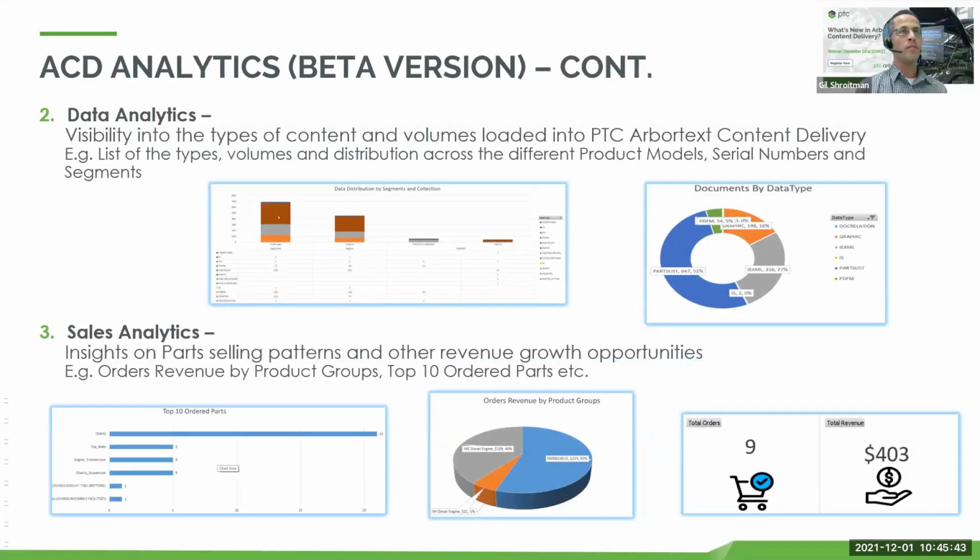So this will provide you with an important perspective on what types of content and volumes are being loaded into Arbortext Content Delivery. So starting from the list of types, its volumes, how many items from each type, and its distribution across the different product models, serial numbers, and segments that are being loaded into Arbortext Content Delivery.